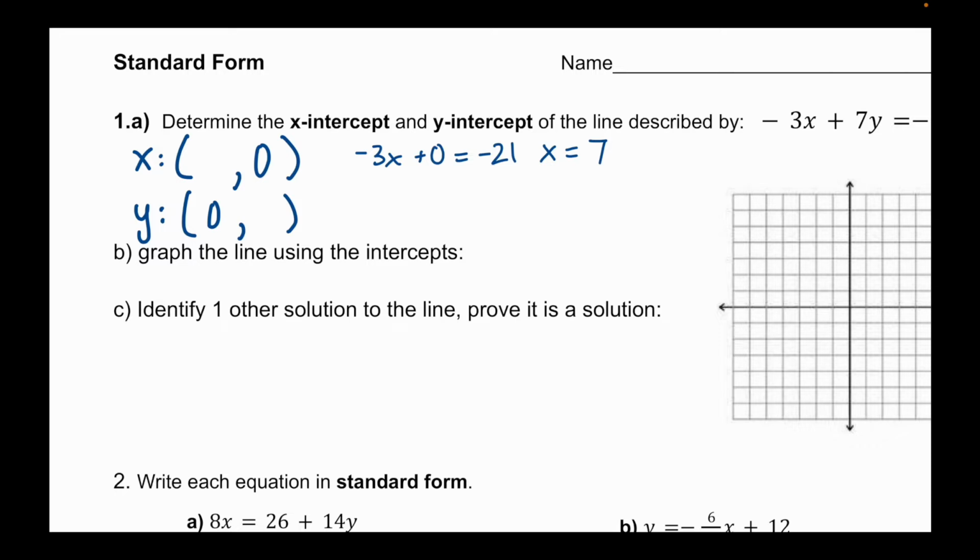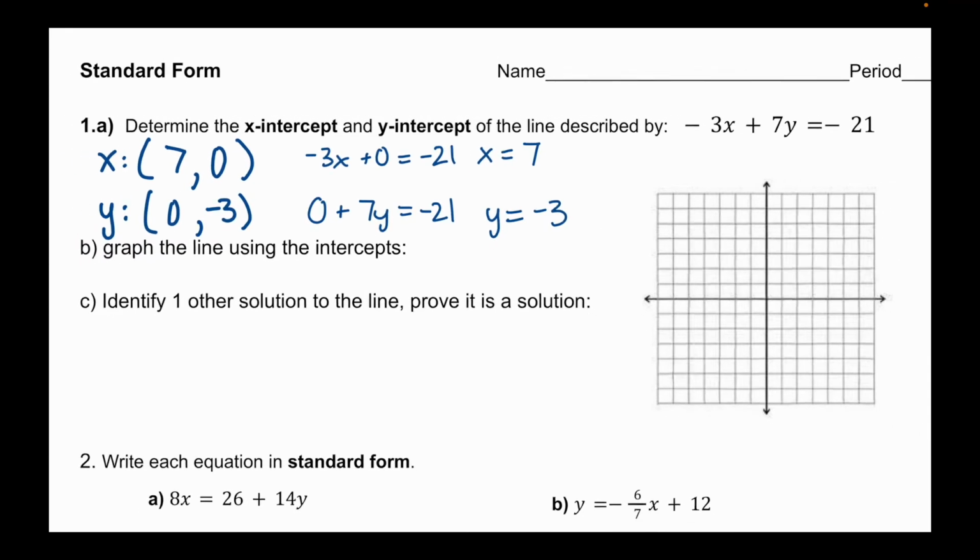And then for the second piece, to find the y-intercept, we would have 0 plus 7y equals negative 21. And when you divide both sides by positive 7, you get that y is equal to negative 3. So we'll put negative 3 here. Okay, so we've determined our intercepts.